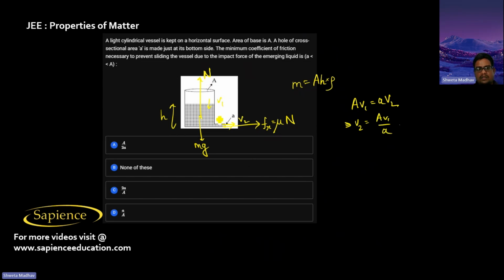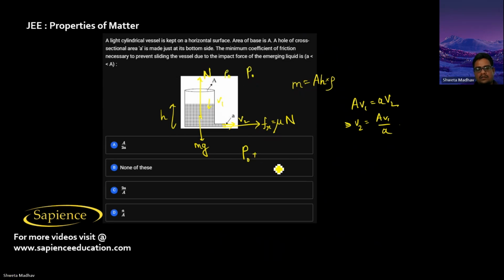Now we can apply Bernoulli's principle also, that the outside pressure is P naught, which is atmospheric pressure.